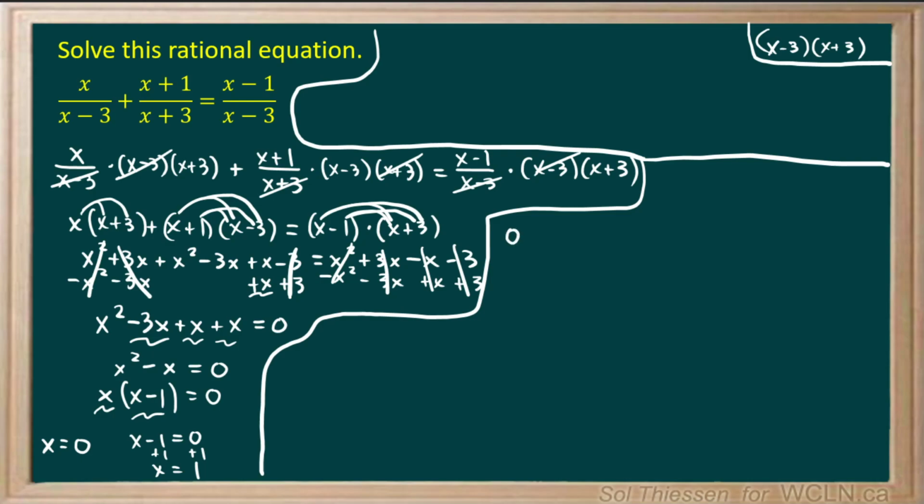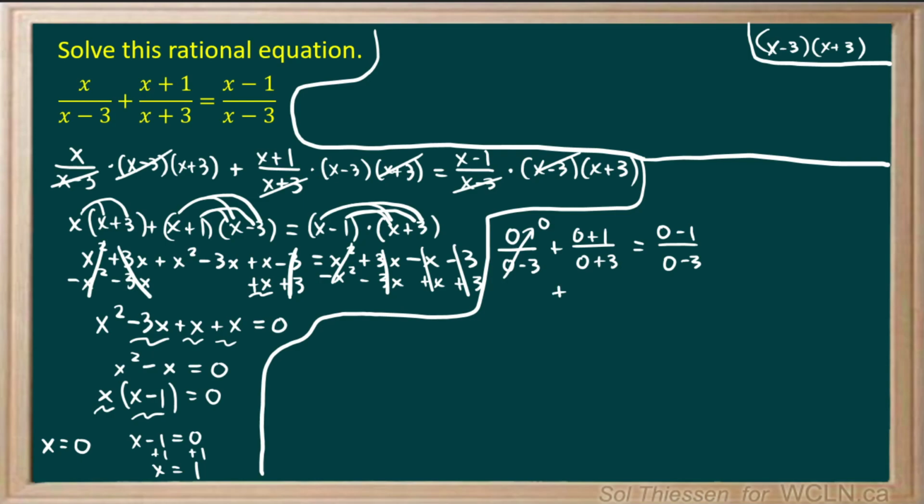So we'll have 0 over 0 minus 3 plus 0 plus 1 over 0 plus 3 equals 0 minus 1 over 0 minus 3. So now this will go to 0 since the numerator is 0. We'll have 0 over negative 3, which is still 0.